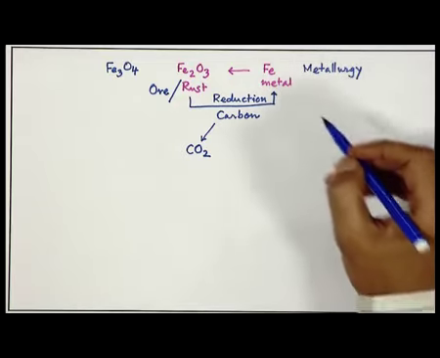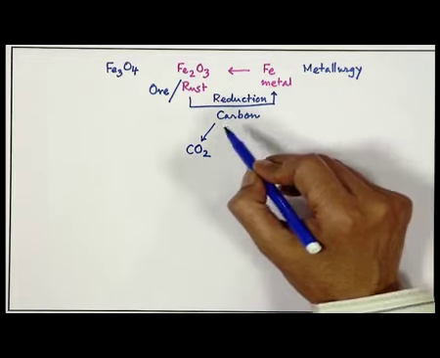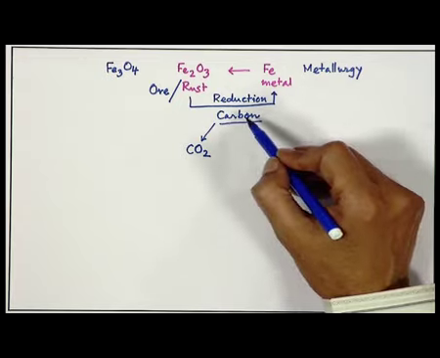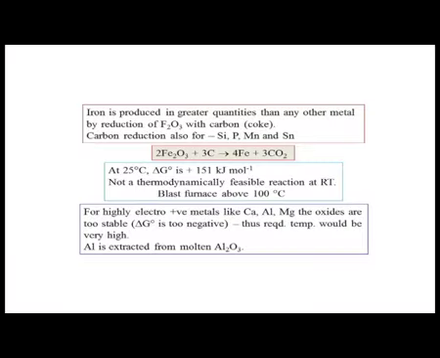This metallurgical process involves the corresponding choice of the reduction. So, carbon will be our reductant, which can be utilized for the reduction of iron from its ore. We can produce iron in greater quantities than any other metal by reduction of Fe2O3 with carbon or coke. That is the typical methodology we use for getting iron from its ore.